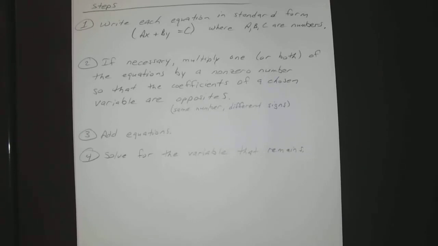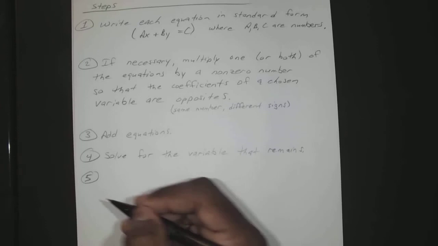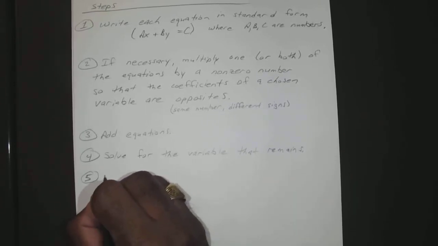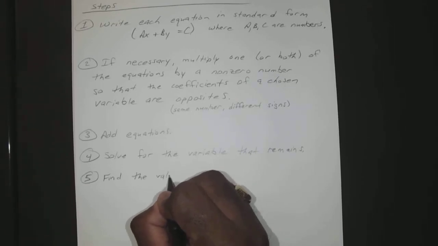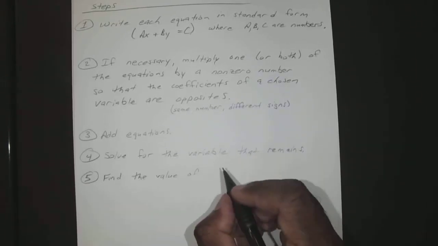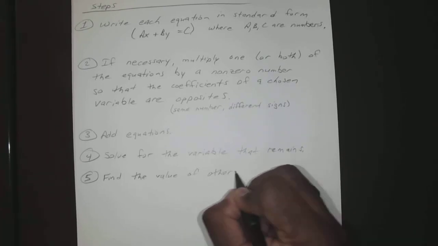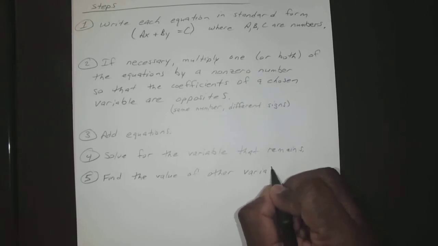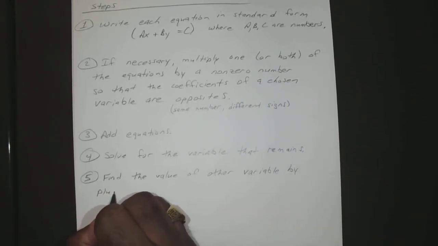Your fifth step is to plug that answer in to solve for the other variable, by plugging in the answer from step 4.